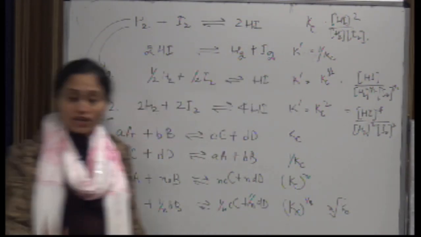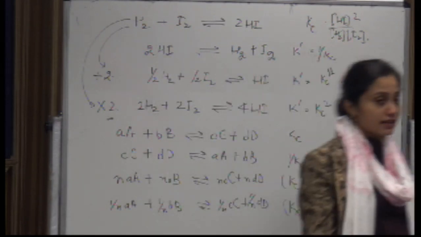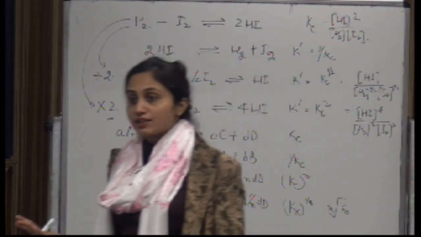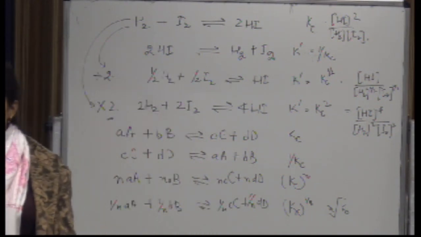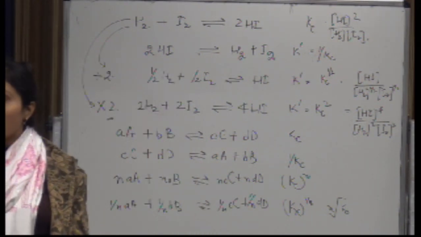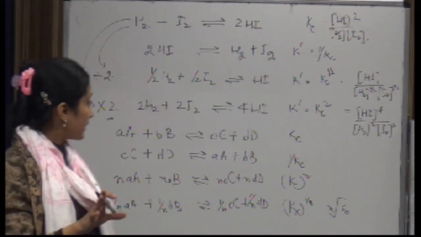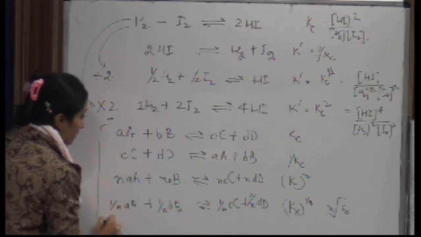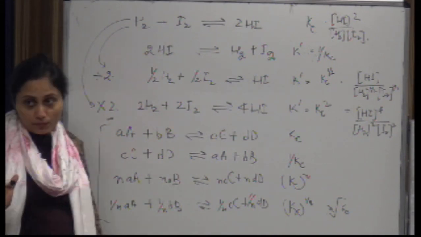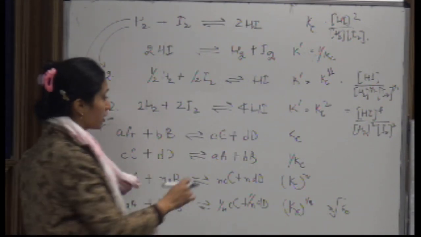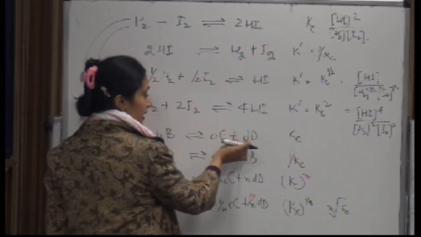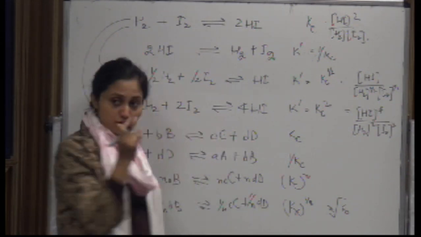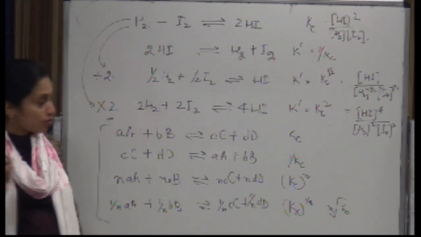This is the generalized form that you need to understand, because earlier in thermodynamics we were multiplying and dividing the delta H value accordingly. But here for the equilibrium constant, by the meaning of it that comes from the law of chemical equilibrium, the basic reaction will give you the equilibrium constant according to the law of equilibrium: [C][D] upon [A][B], each of them raised to their respective stoichiometric coefficient.